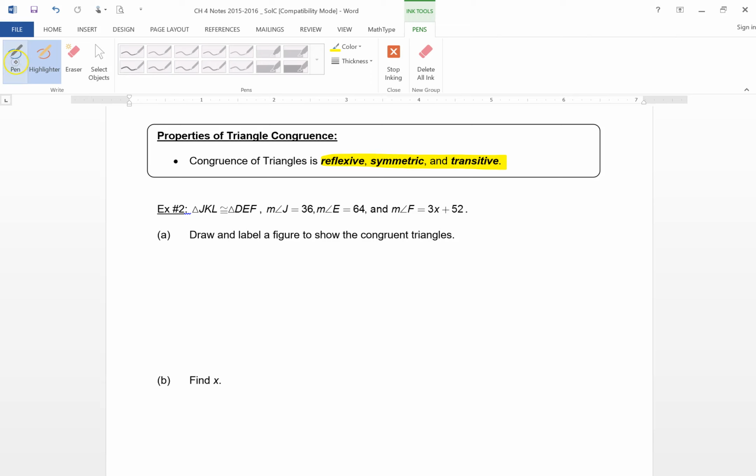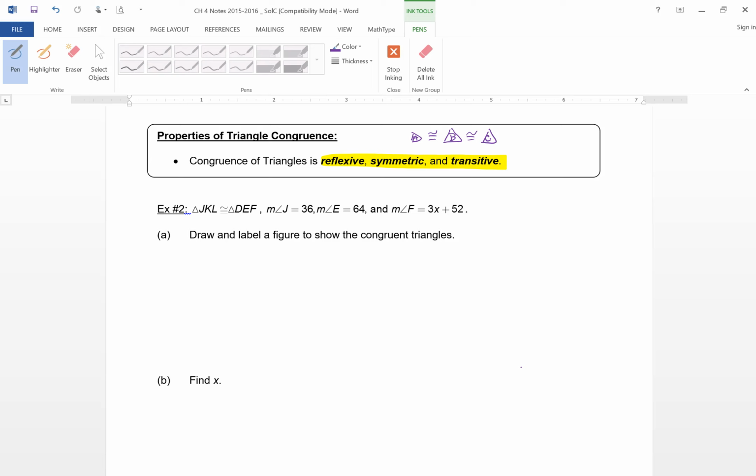So we can say, for example, triangle A is congruent to triangle B, is congruent to triangle C. It's the same thing. We can use transitive here. Okay, so we can say if triangle A is congruent to triangle B, and triangle B is congruent to triangle C, then triangle A is congruent to C. All right, so we can use all of that stuff.